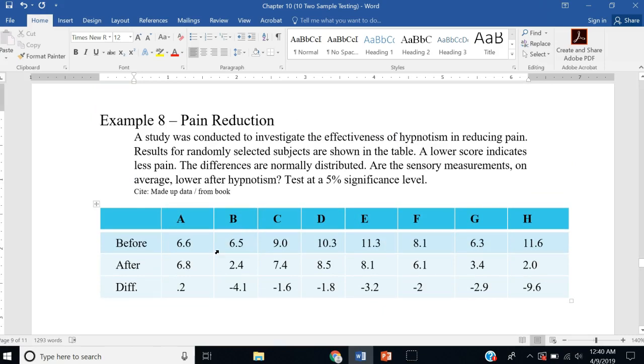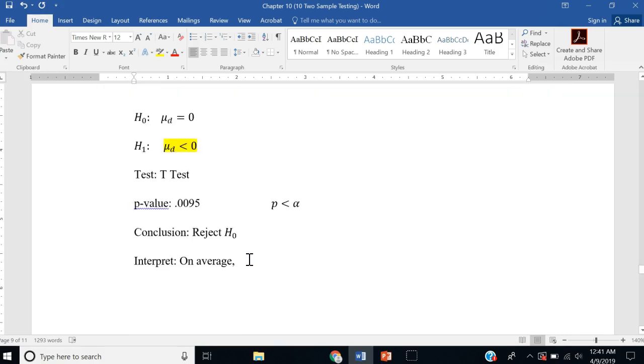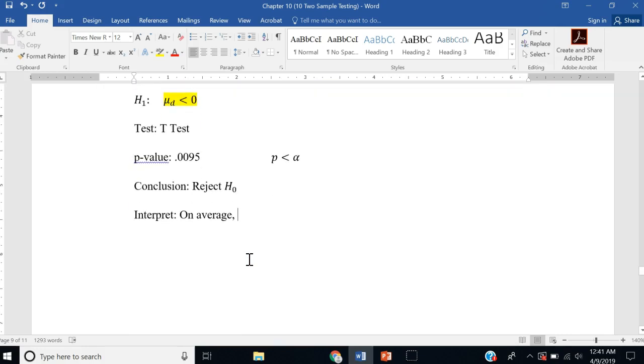the pain scores did decrease after hypnotism, or were lower after hypnotism. The pain scores decreased after hypnotism. Okay? Again, we're saying on average.